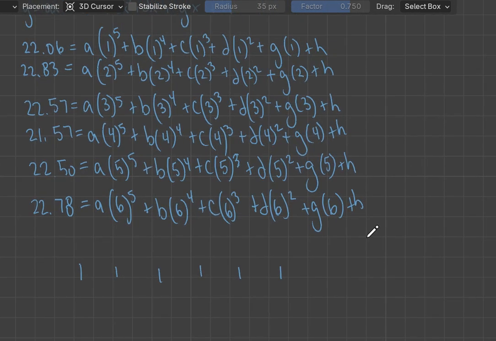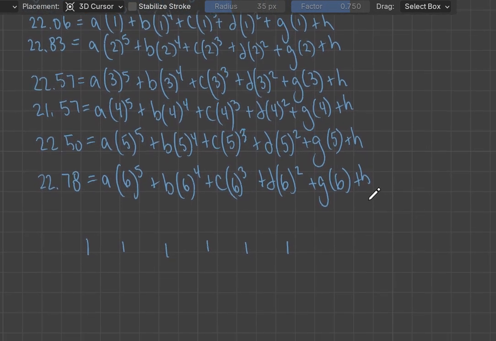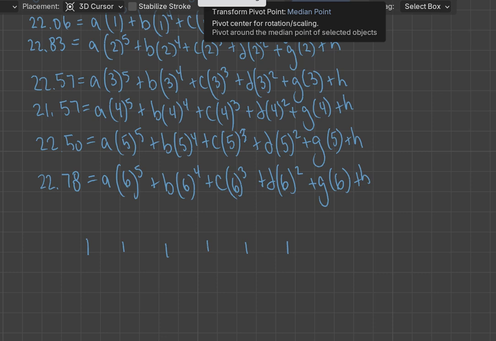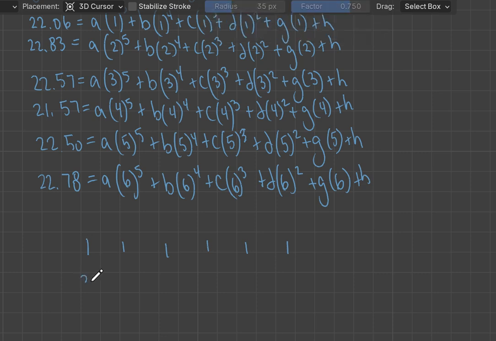And the coefficients in the second row, sorry, is, let's see, 2 to the fifth, which is 32. 2 to the fourth is 16. 2 to the third is 8. 4, 2, and 1 for h.